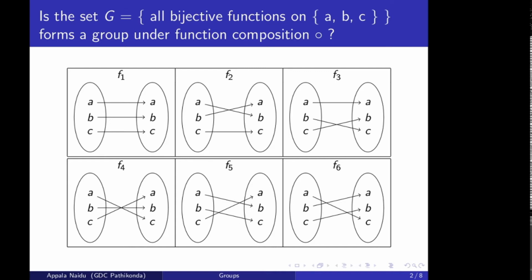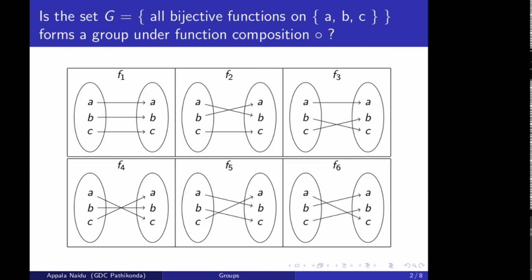First, let us list out all the bijective functions on the set consisting of three elements A, B, C. Now we have to note that a bijective function is a function which is one-one as well as onto.